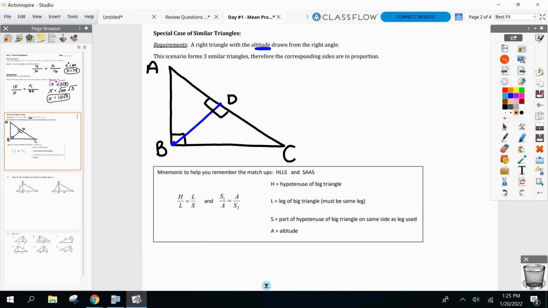I should have 3. Okay, so instead of naming it with letters, I'm just going to call this triangle 1, triangle 2, and I'm going to name the big dog triangle 3. Let's see if we learned anything from last unit. Look at triangle 1 and look at triangle 3.